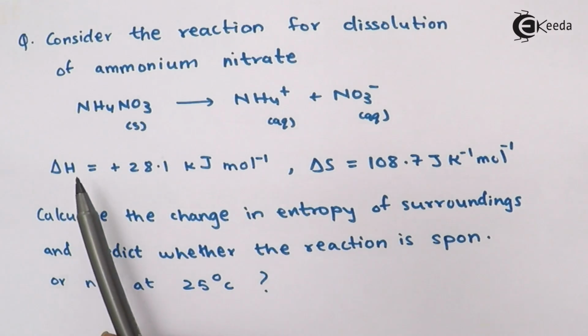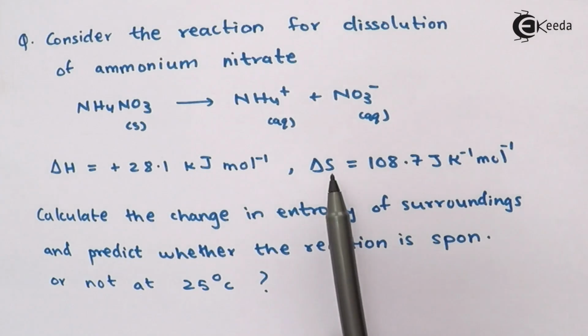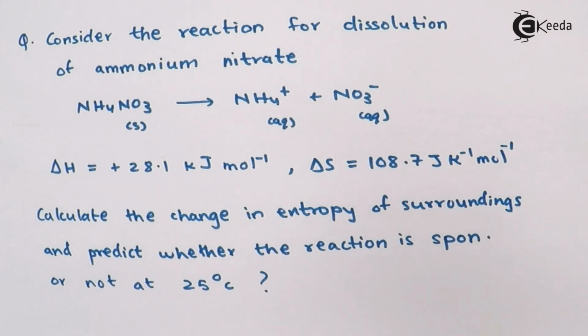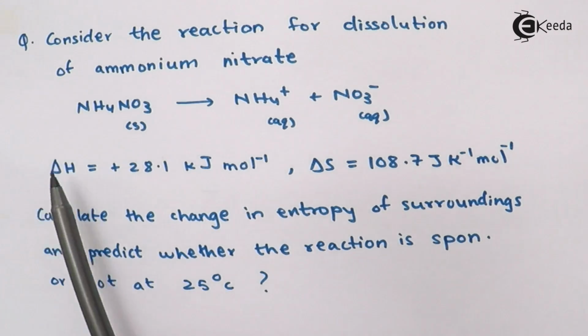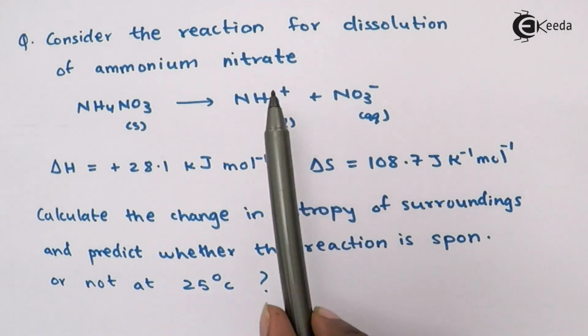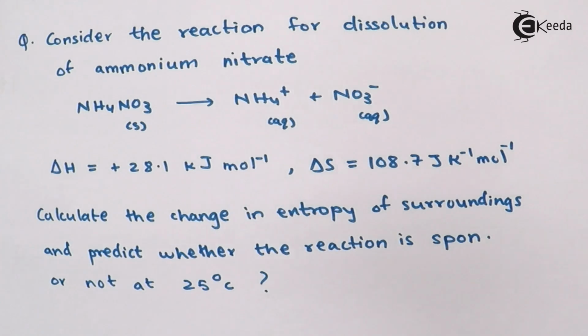So based on the enthalpy as well as the entropy, we have to calculate whether the reaction is spontaneous or not. But one more thing I want to tell you: as you could see, the delta H is positive, so this is nothing but an endothermic reaction.